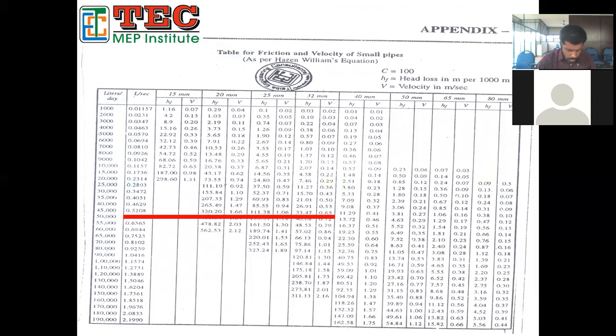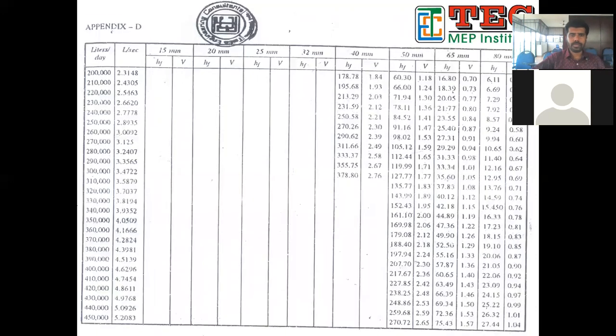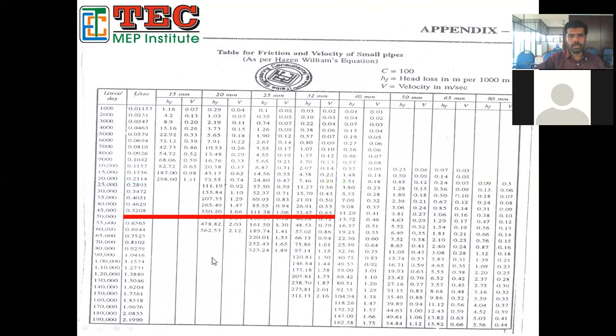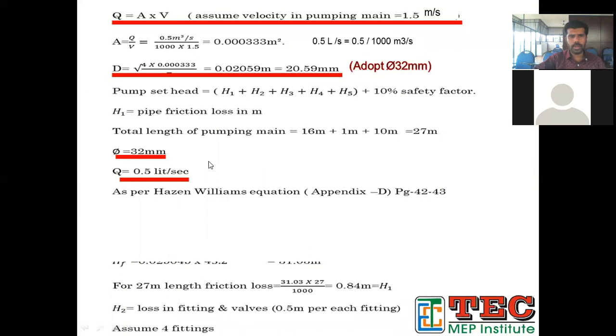So here we know the mass flow rate. We have just found the mass flow rate. And one more thing that we need to know is the total head. The total head we have to calculate. Mass flow rate we already know, it is 0.5 by 1000 meter cube per second, or 0.5 kilogram per second, whatever we can write. So the formula will be this one.